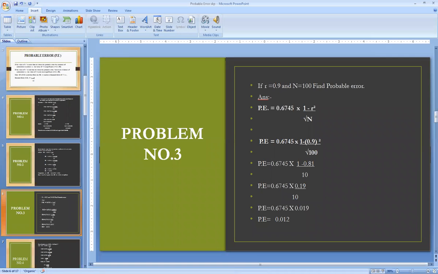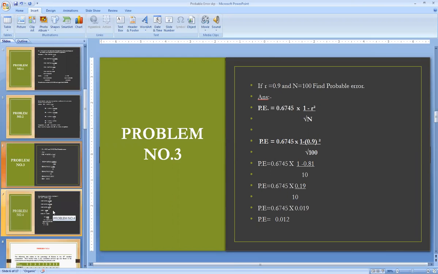Then we deduct 1 minus 0.81, and we get the value 0.19. In the next step, PE equals 0.6745 into 0.19 divided by 10. The value will be 0.019, to be multiplied by 0.6745. Therefore, the value of probable error is 0.012. So this is how we calculate the value of probable error.